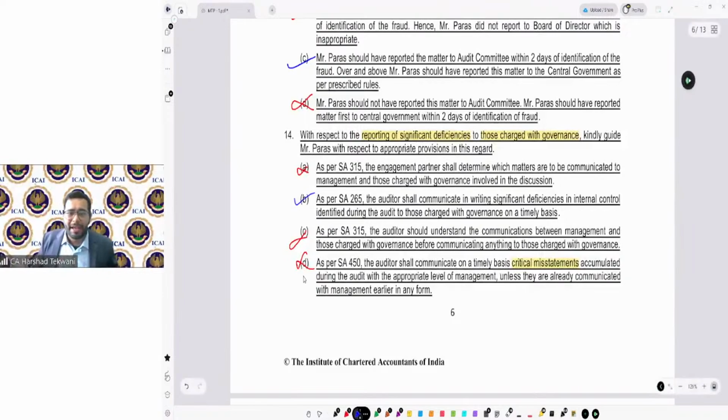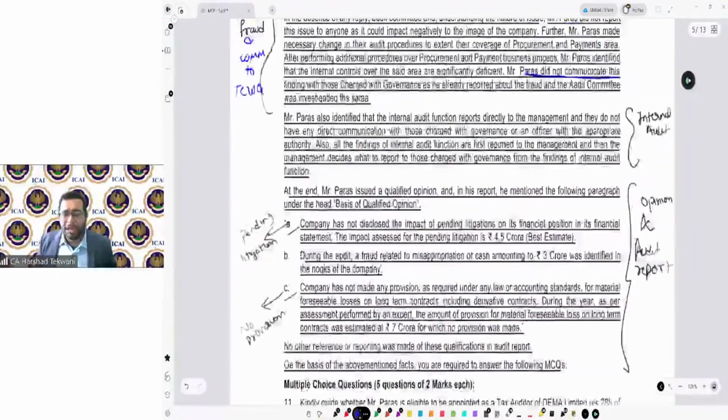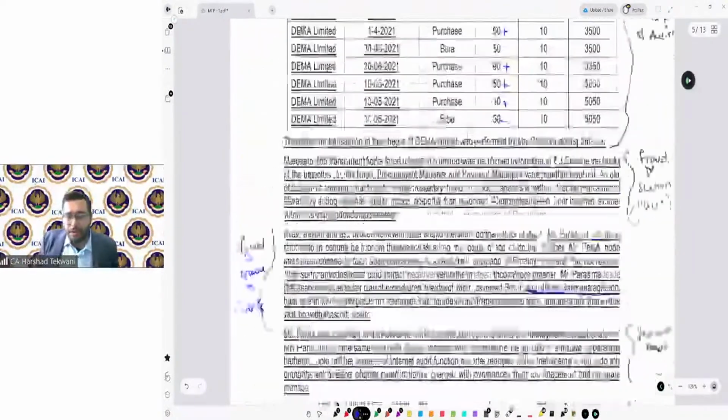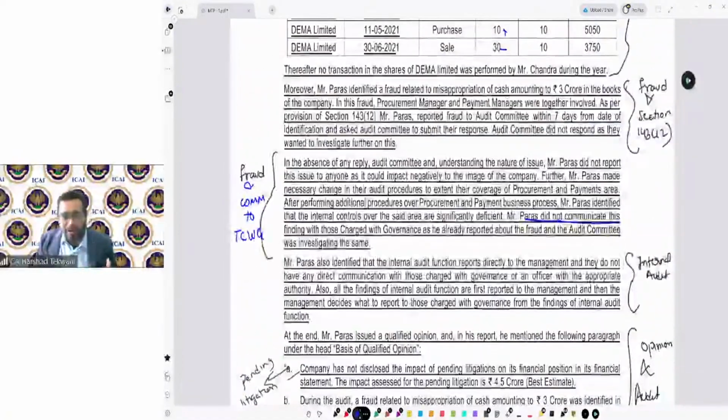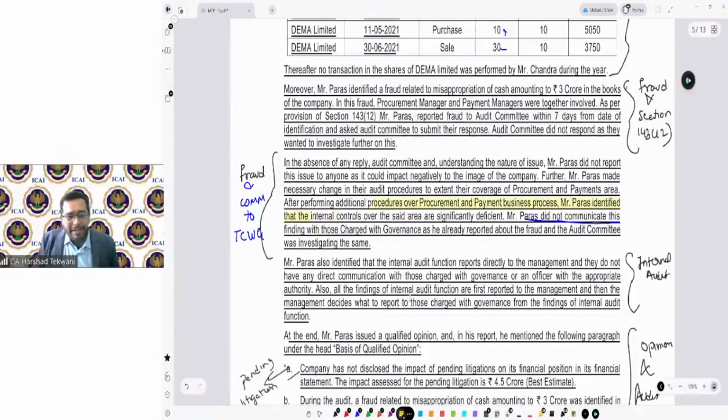And if you go to the paragraph of the case study, over there also it says that Mr. Paras did not communicate this finding. What was the finding? The finding was that internal controls over the said area were significantly deficient. Which area? The procurement and payment business process.